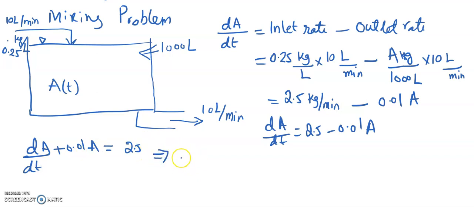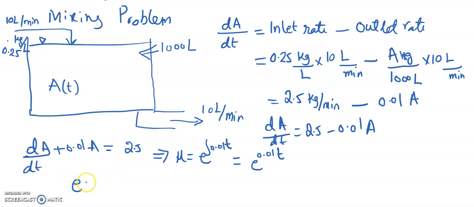So its integrating factor mu is e power 0.01 t. No, it's not A, it should be t. This is the integrating factor.